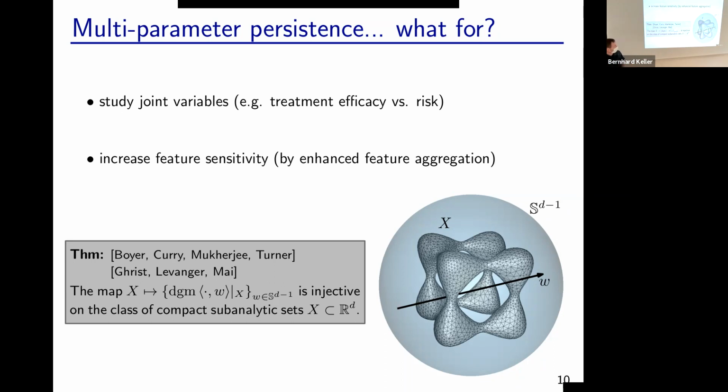The effect of a treatment can be measured by two quantities. First of all, its efficacy, how much it helps cure a disease, but also its risk. It may have side effects. And you really want to study the impact of giving this treatment to a patient through these two variables, their joint effect.